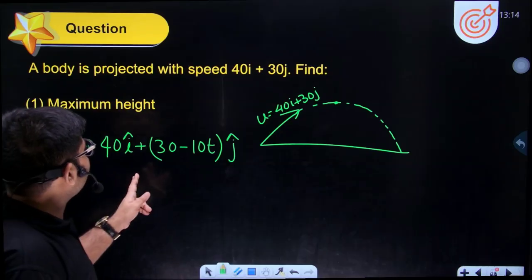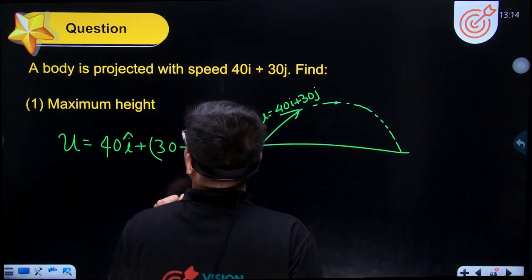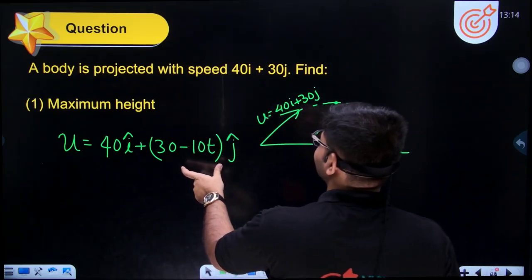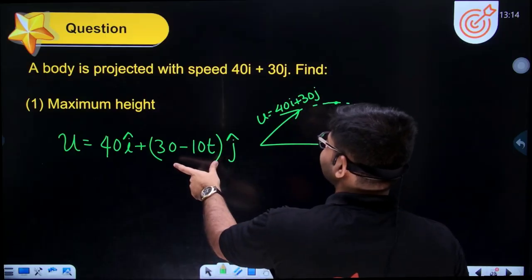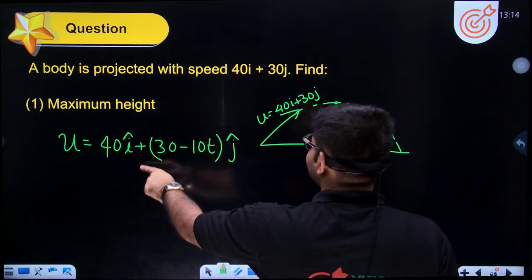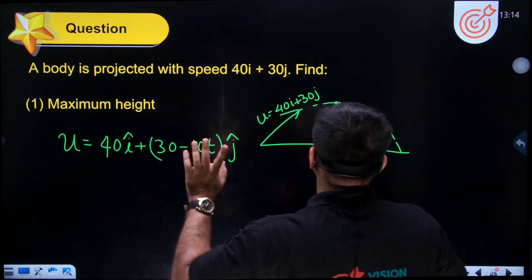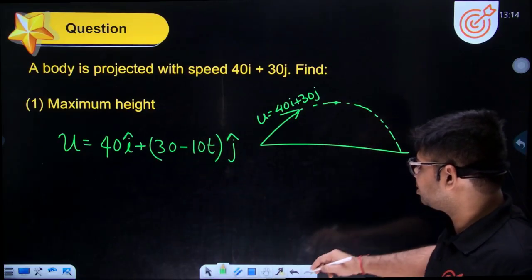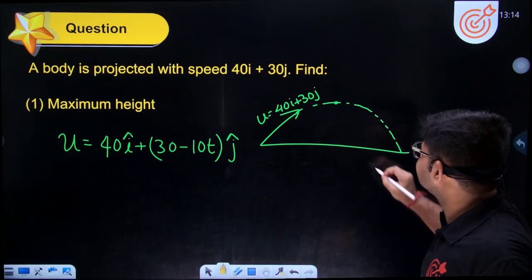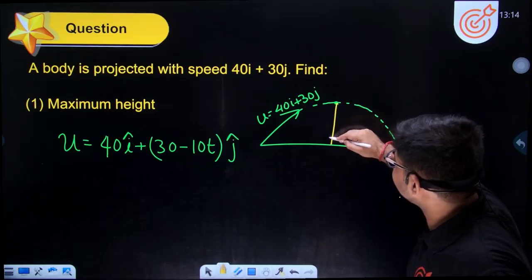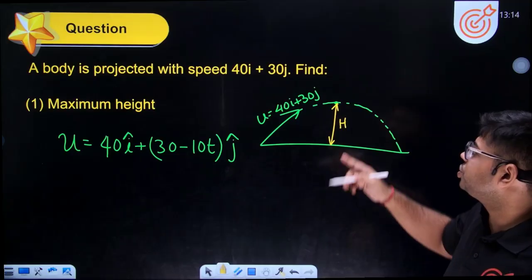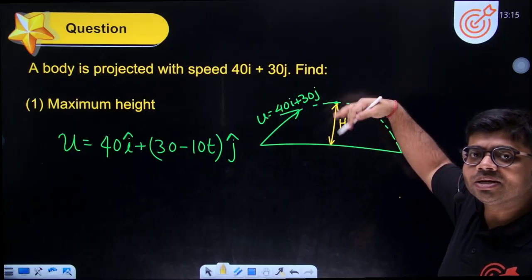Now at the maximum height, what is going to happen? At the maximum height, the entire j cap component is going to be 0, like I said earlier also. So if this is the maximum height h, exactly at h your uy is becoming 0.